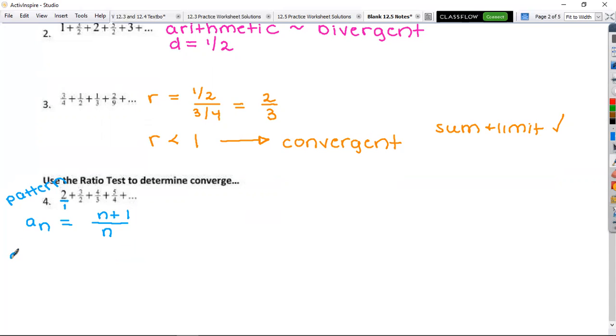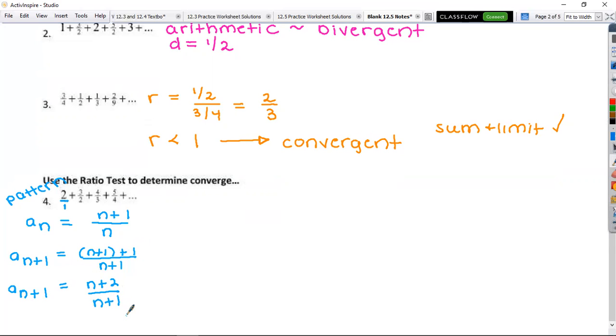So my second formula, because you want consecutive integers. So I go n plus 1, and then plus 1. And then on the bottom is n plus 1 as well. So my formula is going to become n plus 2 divided by n plus 1.